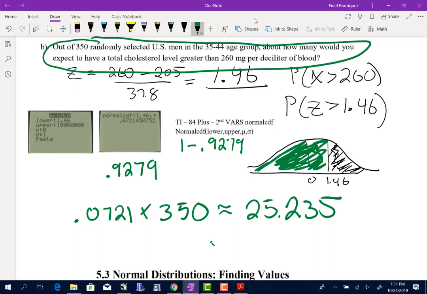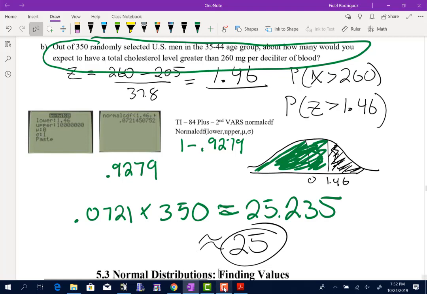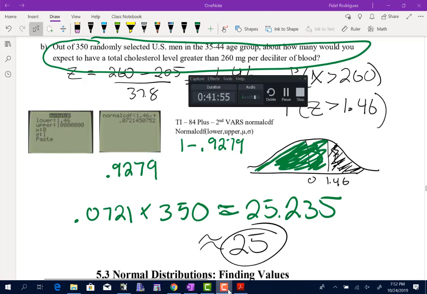About how many people is that? 25, right? That's about 25 people, because you can't have 0.32 of a person, right? And there we go. All right, guys, let me pause this right here.